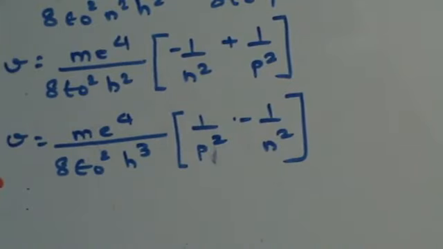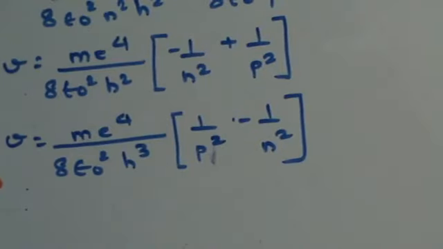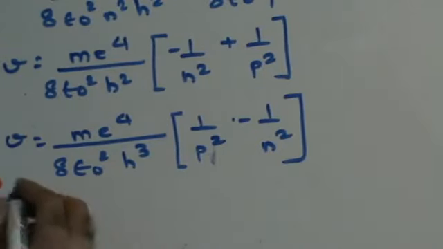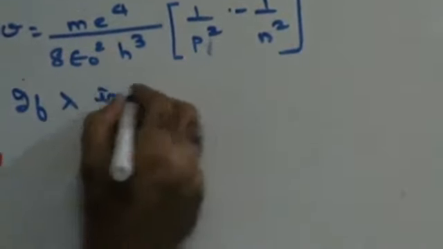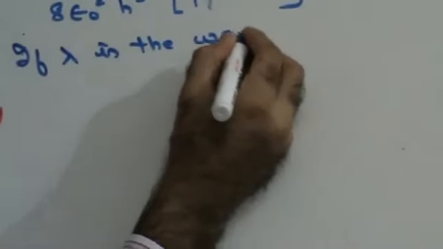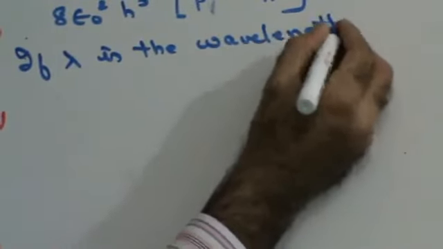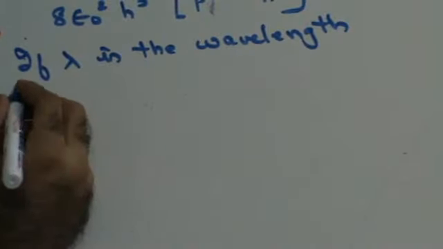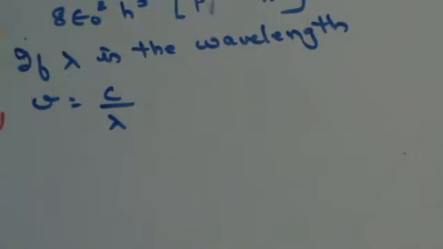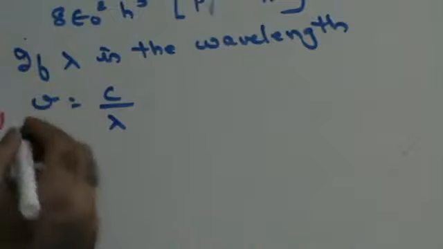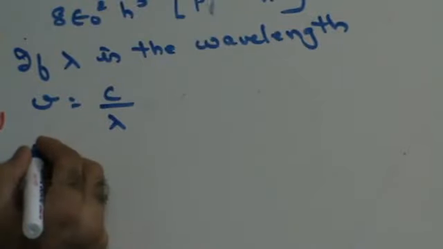So this will be the frequency with which photon is going to be given out. This is going to be the frequency with which light energy is going to be given out, right? Now if lambda is the wavelength, then I can say that frequency is c upon lambda.